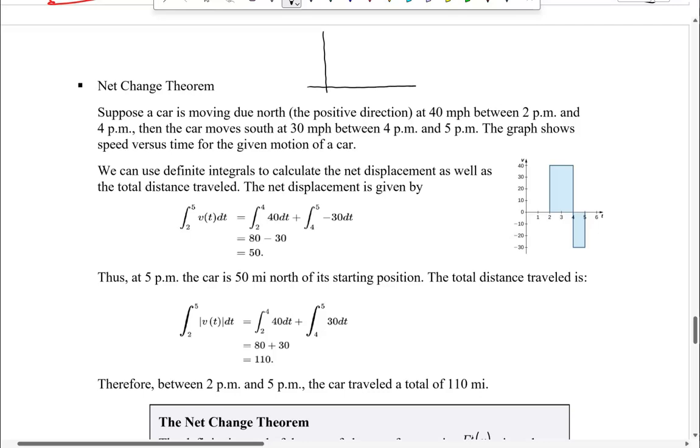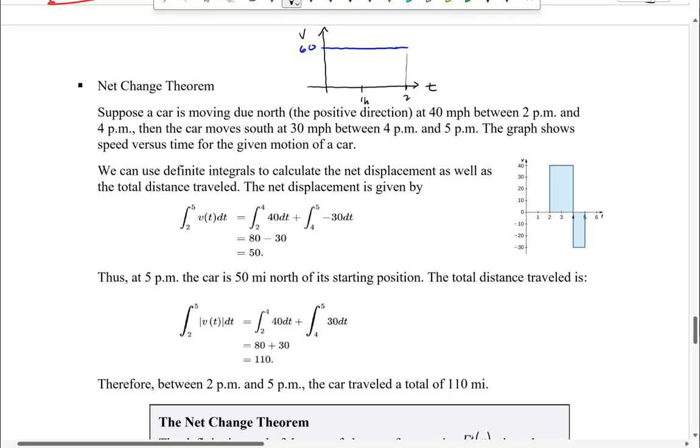If we have time going along this axis and velocity going along this axis, and let's say we have just a constant function, and we'll say that that's 60. And time-wise, we'll put 1 here and 2 here, and these will be in hours.